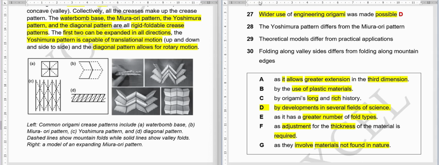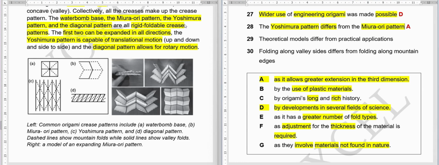And the answer to this is option A, as it allows greater extension in the third dimension. So in the third dimension, it allows a greater extension. I hope everybody was able to arrive at the correct answer. We have to tell the difference between these two patterns.